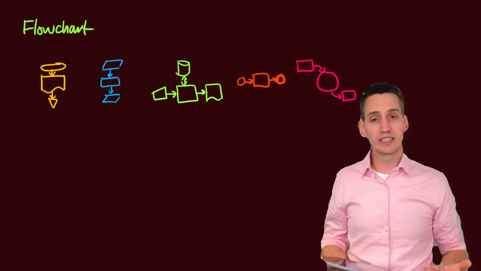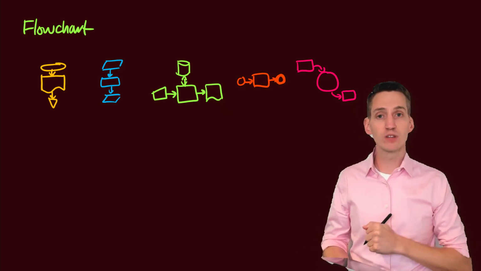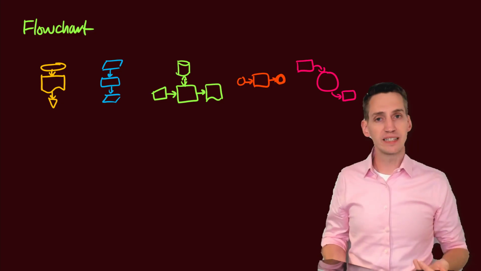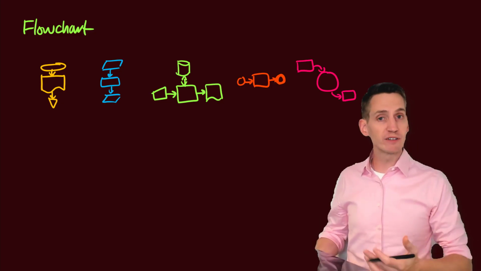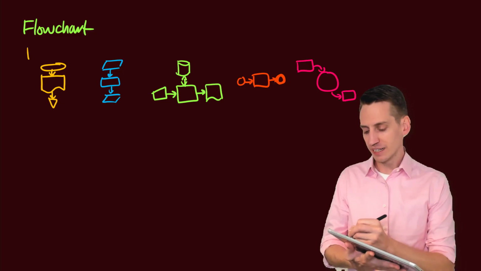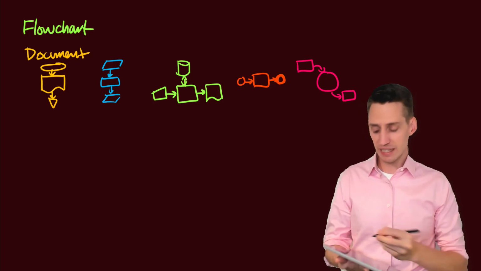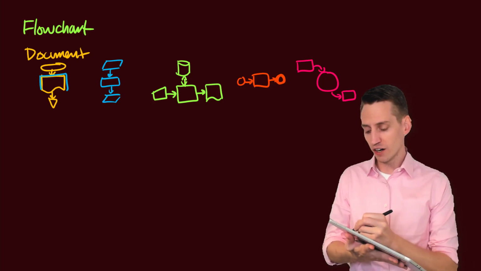We're going to use that narrative to create a visual description of the process using different types of flowcharts. Here we have 5 main types of flowcharts that describe different types of processes within a business. The first type that we see here is a document flowchart. As the name indicates, the thing we care about here are these documents.